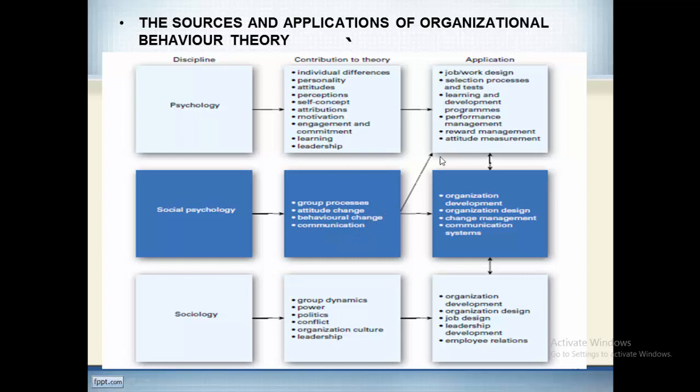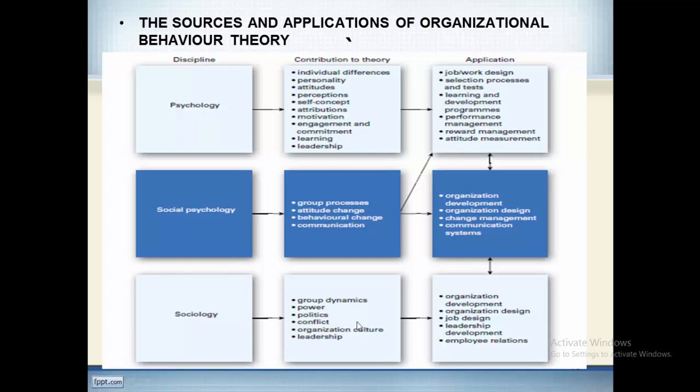It is applied directly in the activities mentioned here, as well as in organizational development, organizational design, change management, and communication system. Similarly, the concepts and ideas which have been taken from sociology are group dynamics, power, politics, conflict, organizational culture, and leadership.